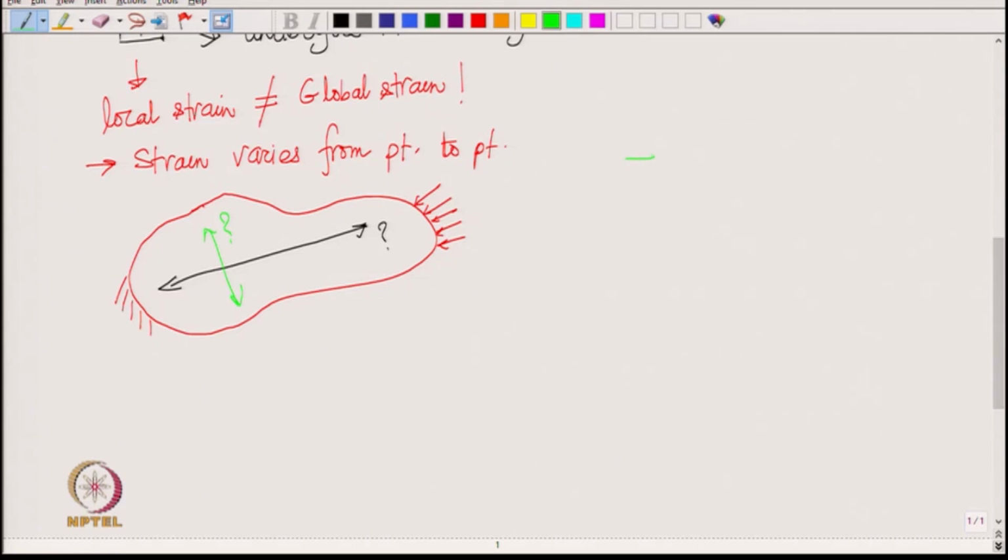For example, we have this longitudinal strain, we also have what is called shear strain, we also have volumetric strain. All right. So, let us concentrate on just the longitudinal strain.